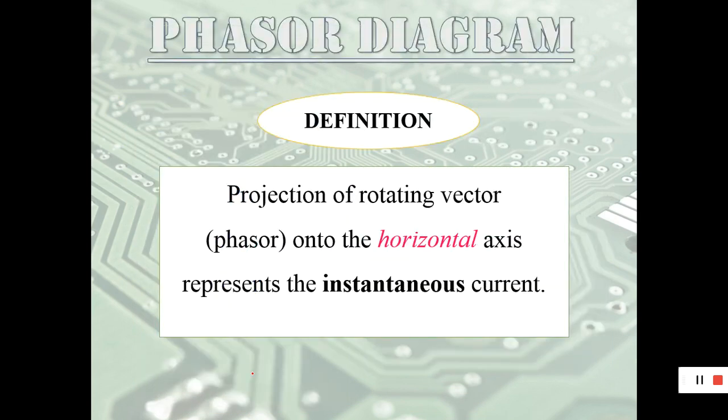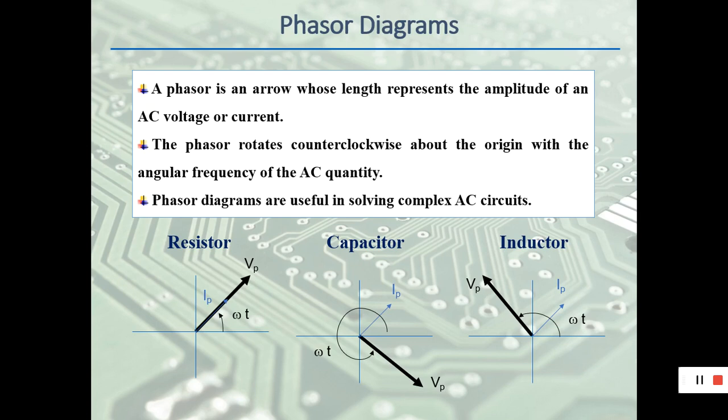And lastly, about the phasor diagram. The projection of a rotating vector onto the horizontal axis represents the instantaneous current. For a resistor, we have learned before that V and I are in phase. The phasor diagram moves anti-clockwise like this.